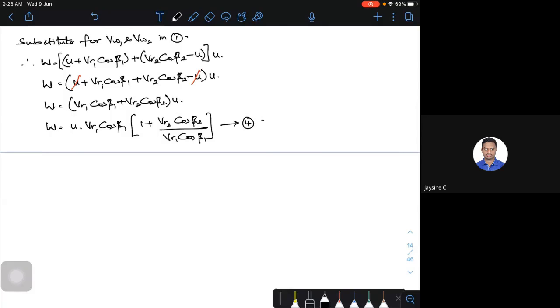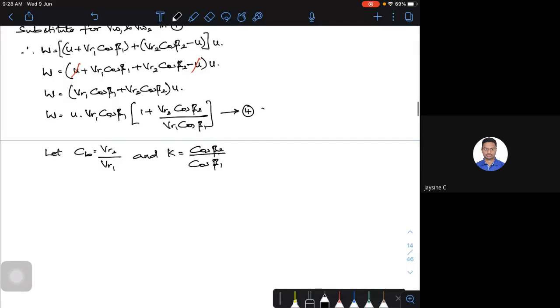Let me call it CB, or KB, equal to VR2 by VR1, which is mainly because of the friction, and K equal to the ratio cos beta 2 by cos beta 1. I'm going to take these two ratios.